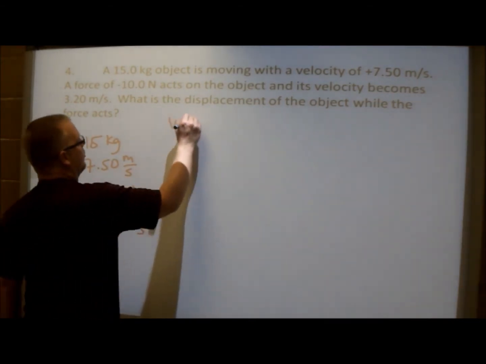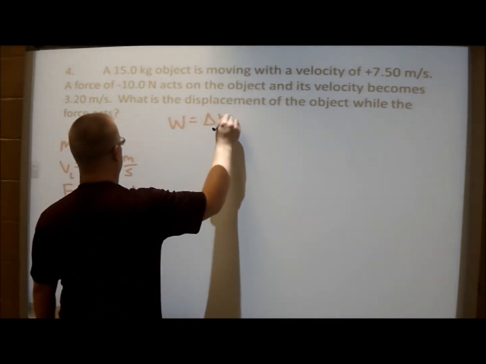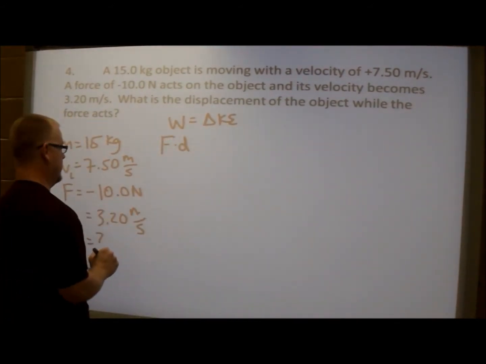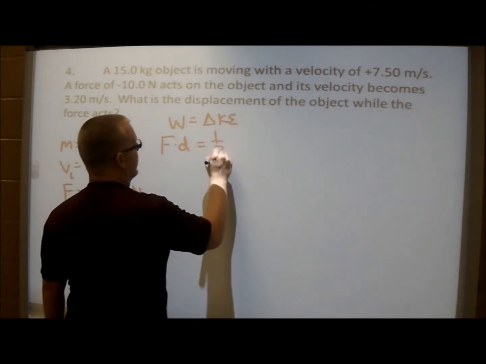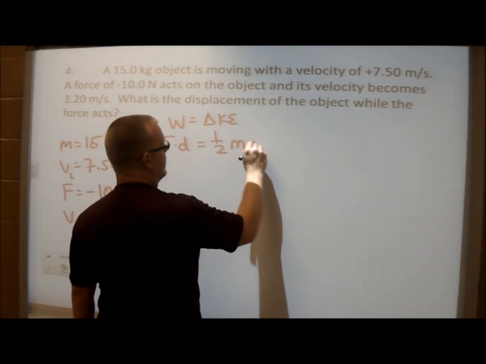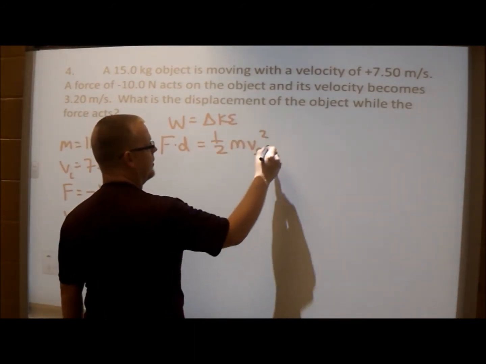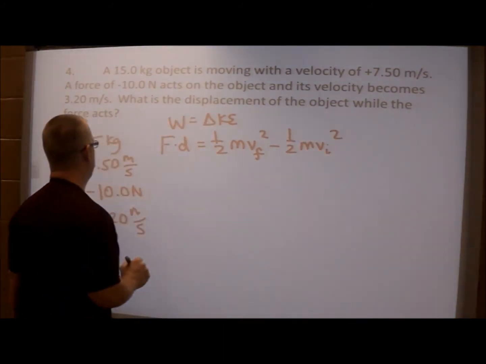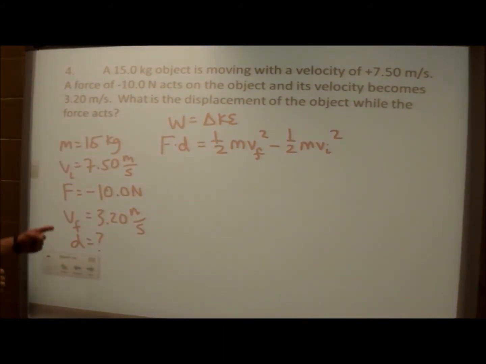Well, I know the formula work equals change in kinetic energy. And I know that work is force times distance. My change in kinetic energy is going to be the final kinetic energy minus the initial kinetic energy. Let's see if we have all these variables. Force, distance, mass, final velocity, initial velocity. Yes, we have everything we need.